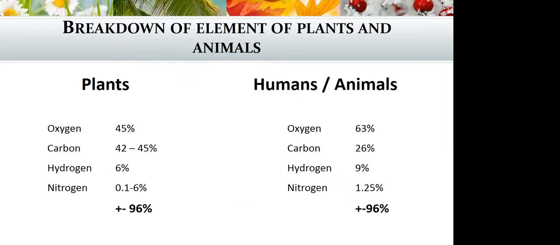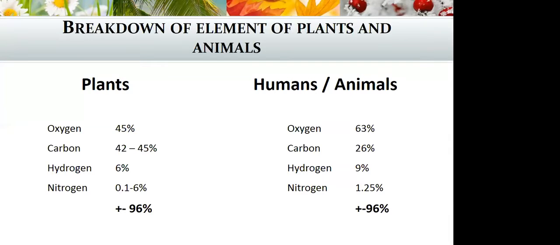When we have a look at the breakdown of the elements of plants and animals, plants are composed of oxygen, carbon, hydrogen, and nitrogen, roughly about 96%. These percentage ratios will vary from plant to plant, but that's the general guideline. When you look at humans and animals, we're also composed of oxygen, carbon, hydrogen, and nitrogen, around 96%.